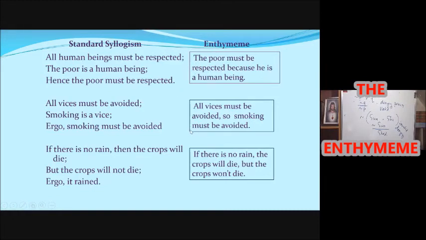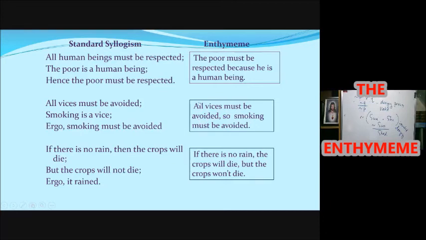Okay? Now, let's go to the second. All vices must be avoided. So smoking must be avoided. Oh, sorry, so is a conclusion indicator. Therefore, this part is the conclusion, and this one is now the premise.